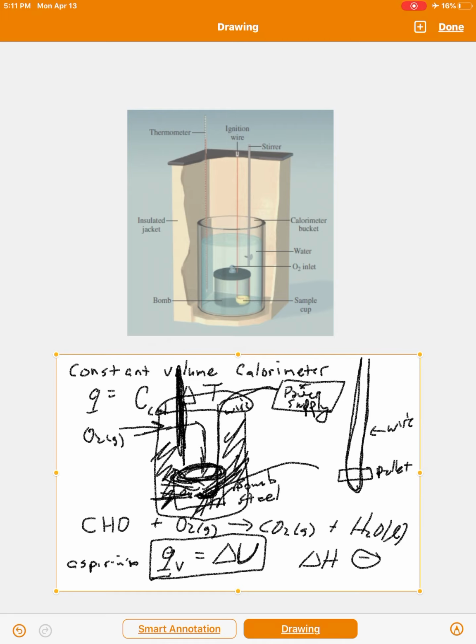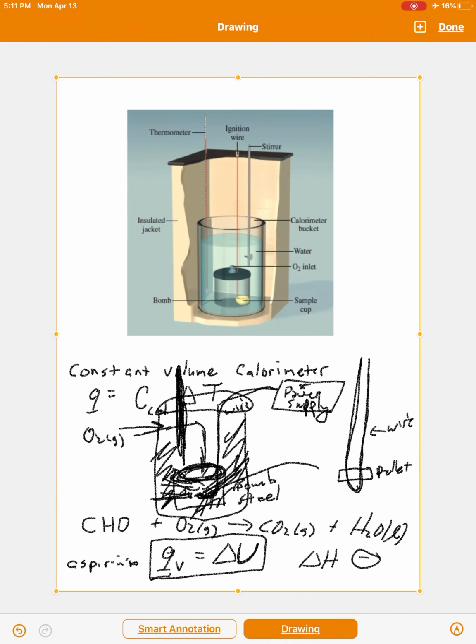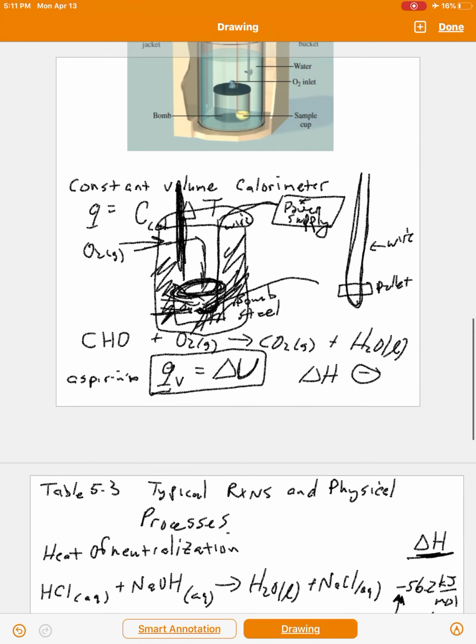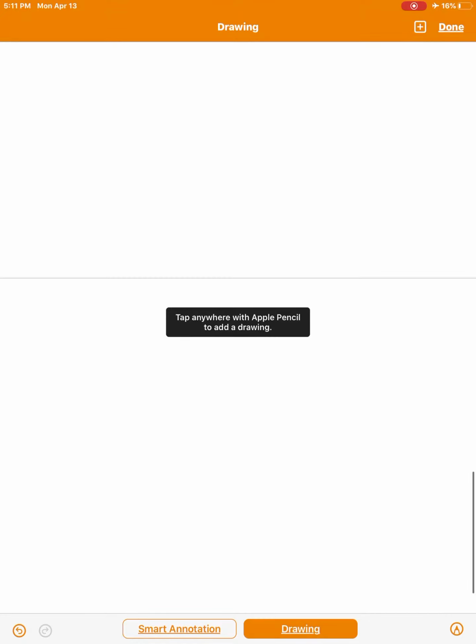Oh, I should point out that these are what's used to find the calorie intake or the calorie content of certain foods. So for example, let me just throw this out here.